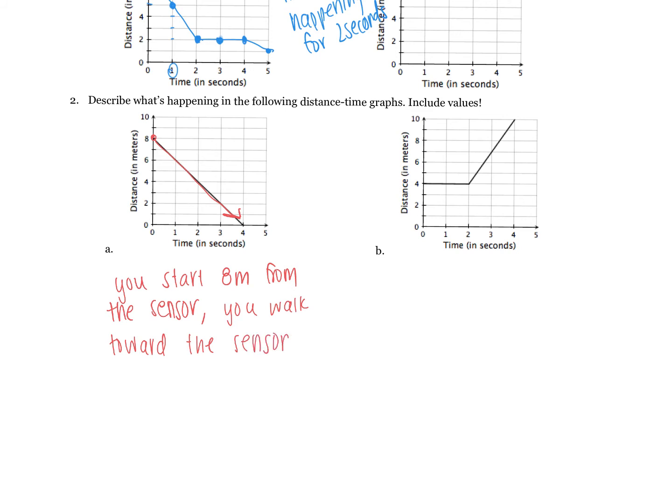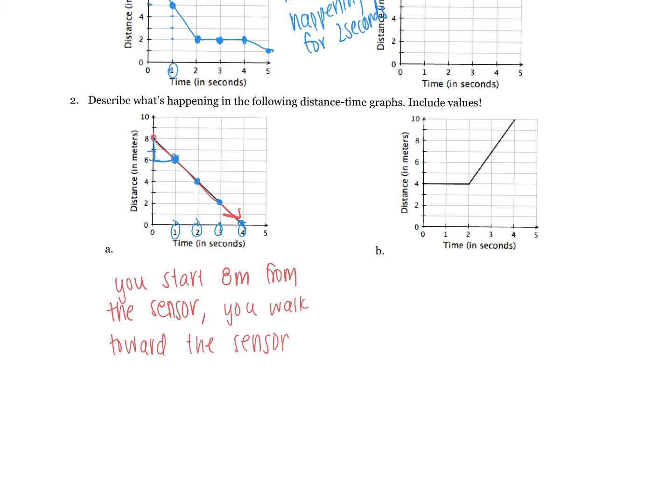Now, we have to find how much we are going down at each second. So at each second, I drew a point on my graph. So notice, this is 1 second, I drew a point. 2 seconds, I drew a point. 3 seconds, 4 seconds. Now, we have to decide how many meters did we walk per each of those seconds, right? So if I go down, down, down, down, I hit this point, right?